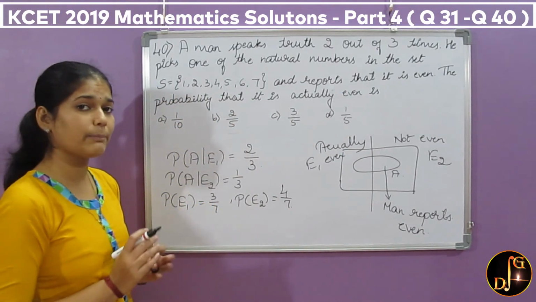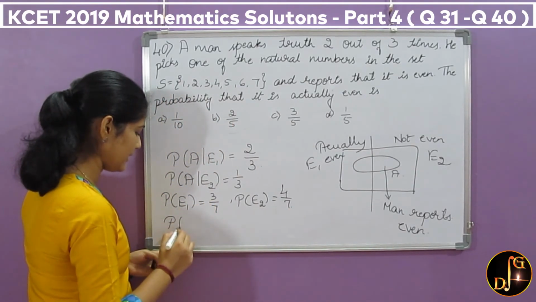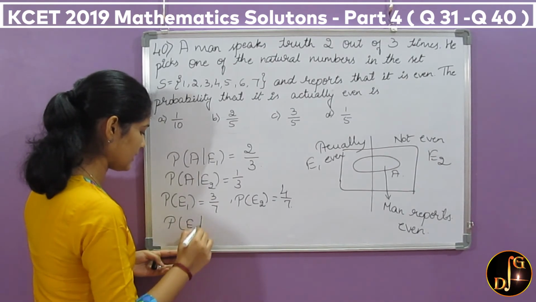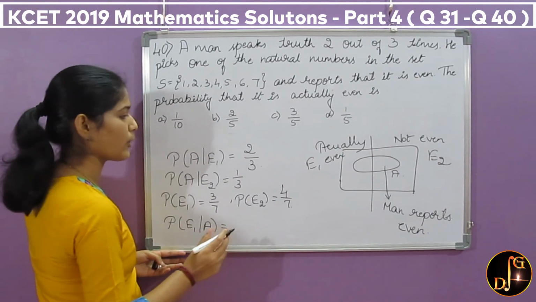Now we have the Bayes theorem, that is probability of E1 given A. That means he reports it as an even number.